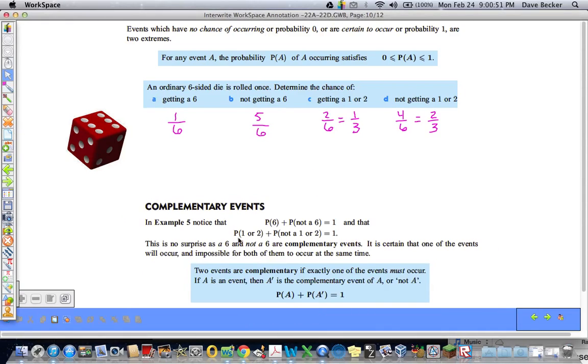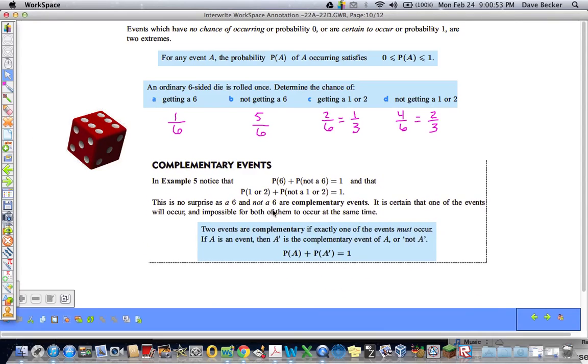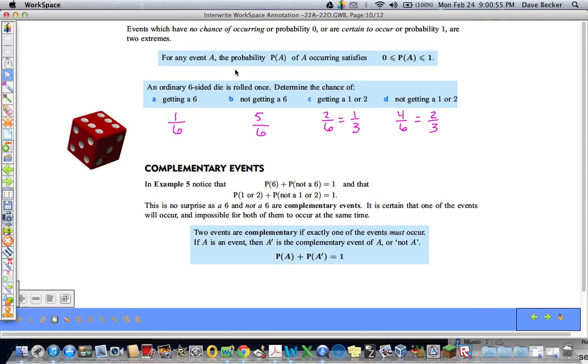All this is talking about is complementary events. In example 5, notice that the probability of 6 plus the probability of not 6 is equal to 1. And that the probability of 1 or 2 plus the probability of not 1 or 2 is also equal to 1. These are called complementary events. 1/6 plus 5/6 is 1, and 1/3 plus 2/3 is 1.